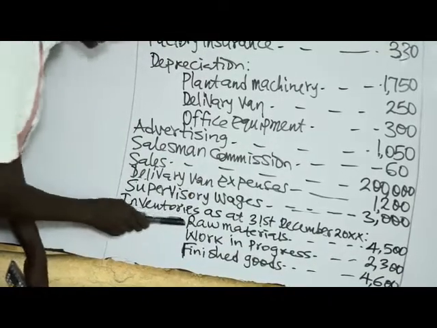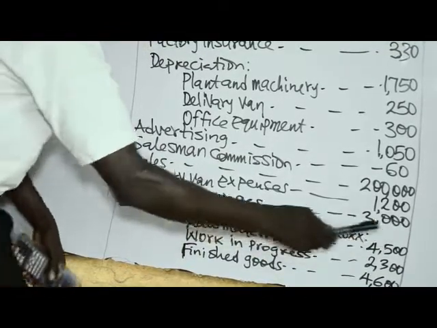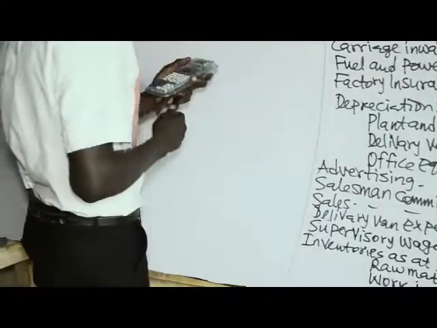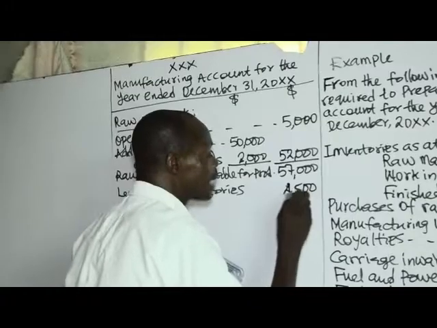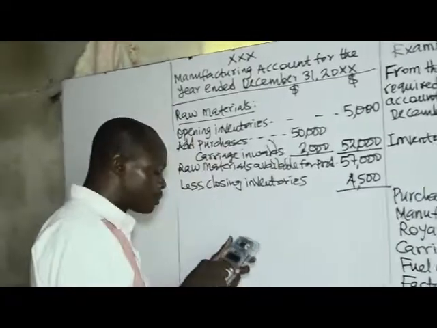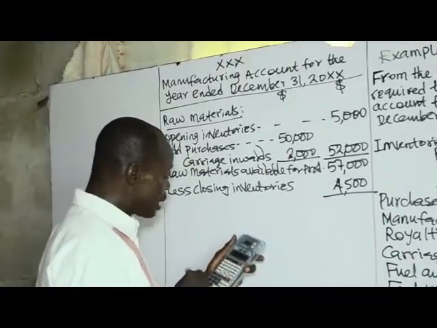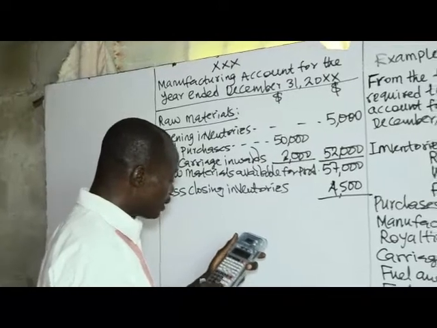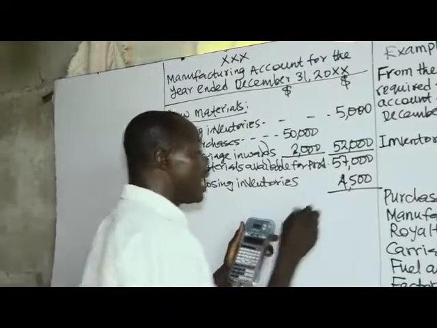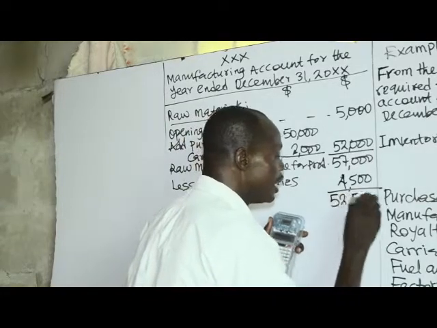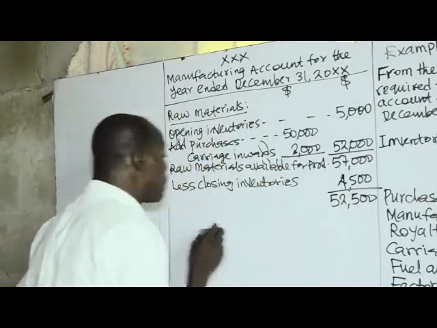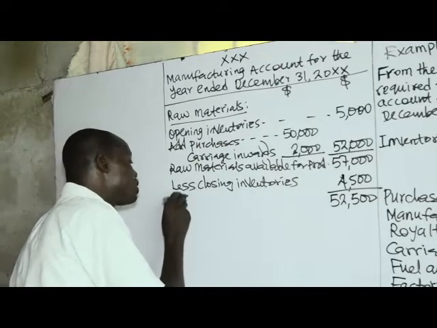So the closing inventories of raw materials is 4,500. So you now less the 4,500 from 57,000. When you subtract 4,500 from 57,000, then you'll be left with 52,500.